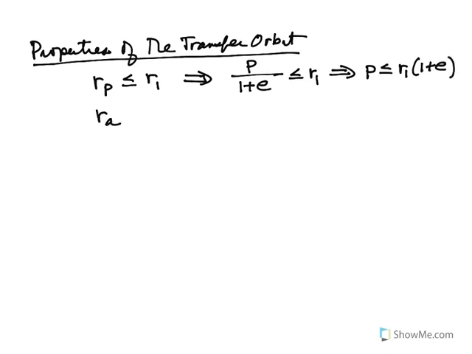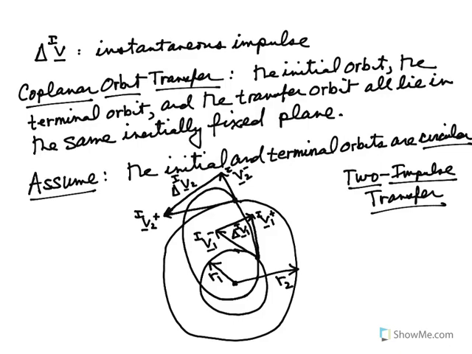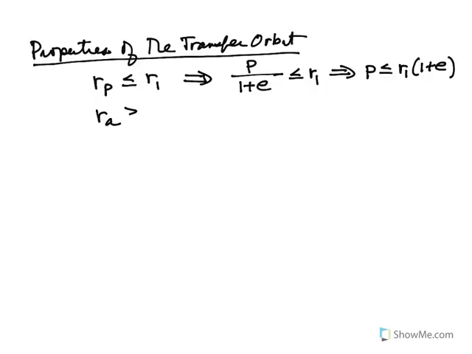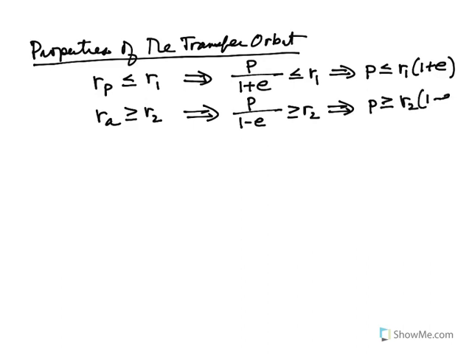Similarly, if you look at the diagram, you'll see that the apoapsis of the transfer orbit has to be bigger than or equal to R2, which implies that P over 1 minus E has to be bigger than or equal to R2, which implies that P has to be greater than or equal to R2 times 1 minus E. So those are our properties of the transfer orbit in terms of the parameter, or the semilatus rectum, and in terms of the two radii of the two orbits.